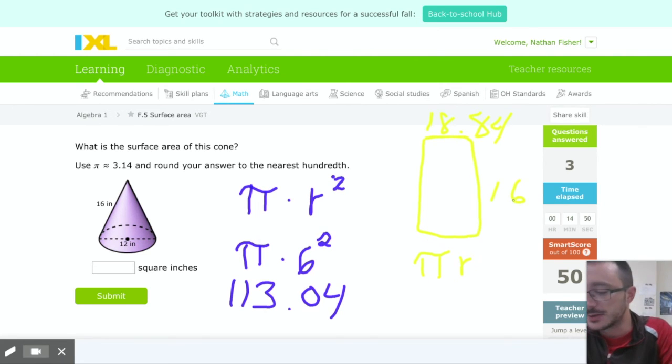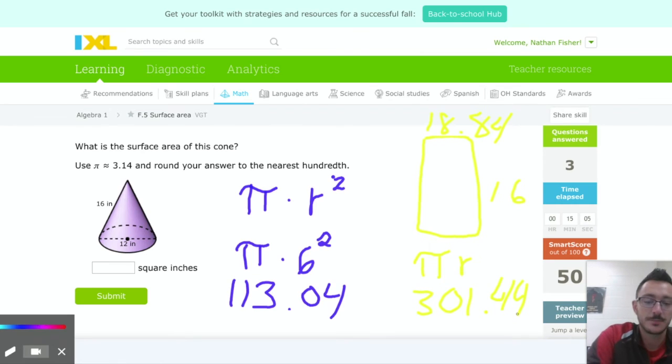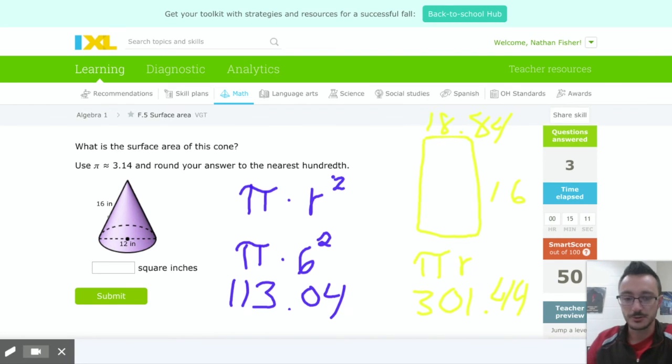So if I get the area there, 18.84 times 16 is 301.44. There's only 2 sides to this, the bottom and then the unfolded cone portion. So if we add these 2 numbers together, it should give us what we're looking for.